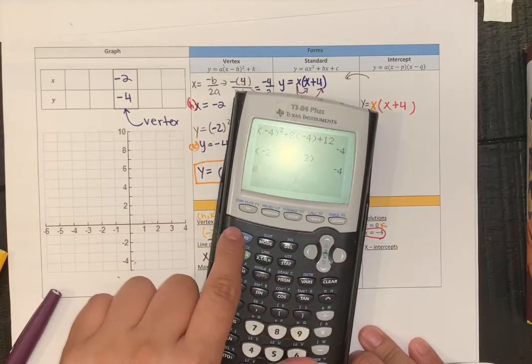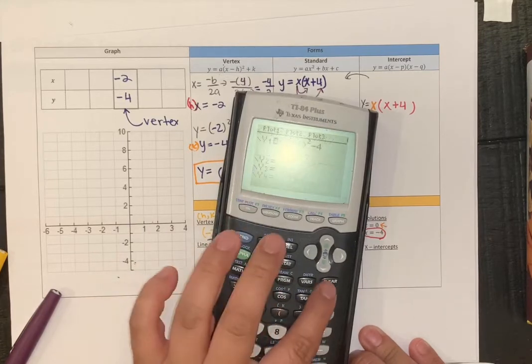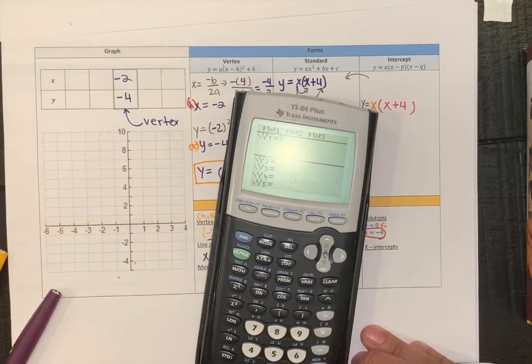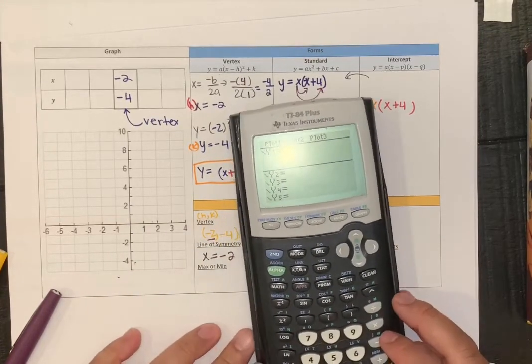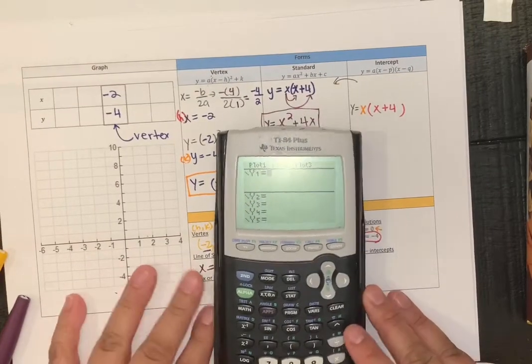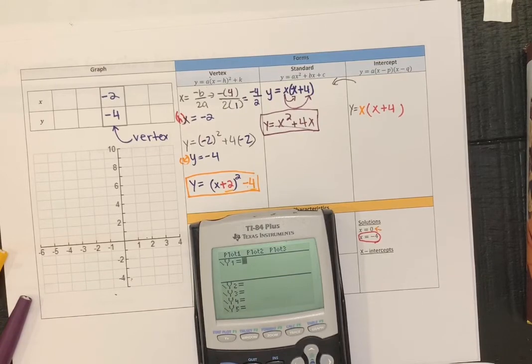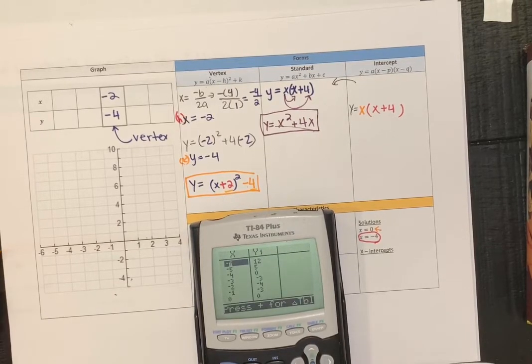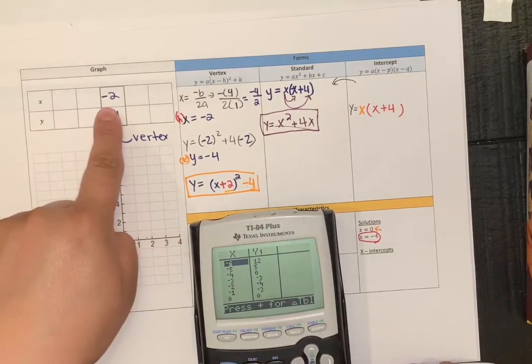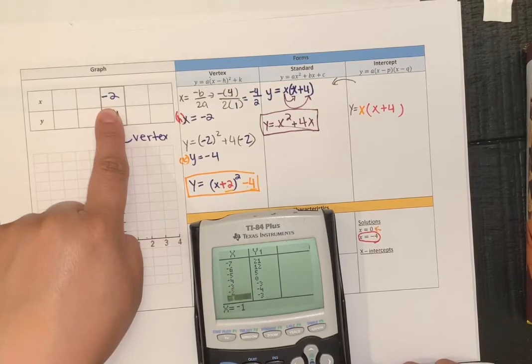I'm going to bring back my calculator. I'm going to delete what I have. And I'm going to write down my function. So I have x squared plus 4x. I go to table. I look for my vertex, which is negative 2.